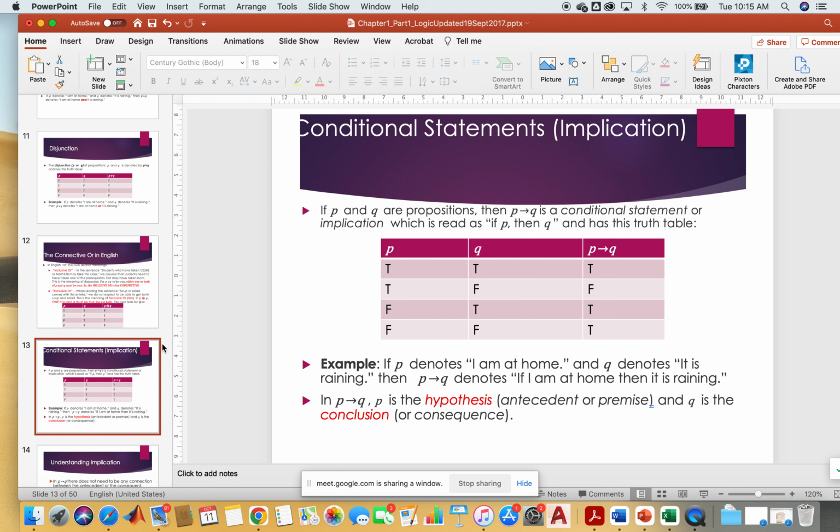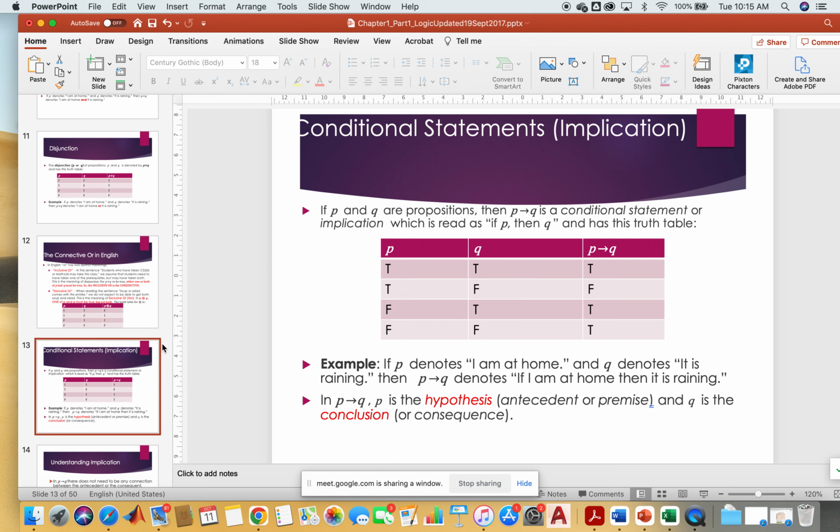P, negation P, if this is true, this is false. If this is false, this is true. So we have one variable. So by using this formula, 2 to the power of n, where n is the number of variables, we get 2 to the power of 1, 2 rows. Okay, so this is for the negation.